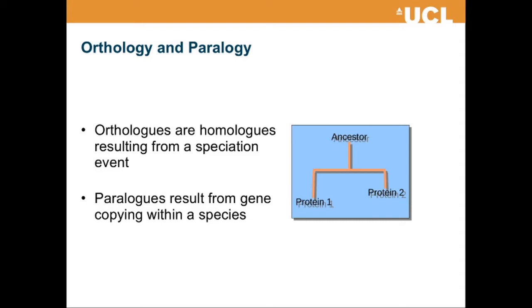Paralogues, on the other hand, result from gene copying within a species. So myoglobin and hemoglobin are homologous proteins, but they are both present in humans and both present in mice and rats and so on. So those are paralogues.